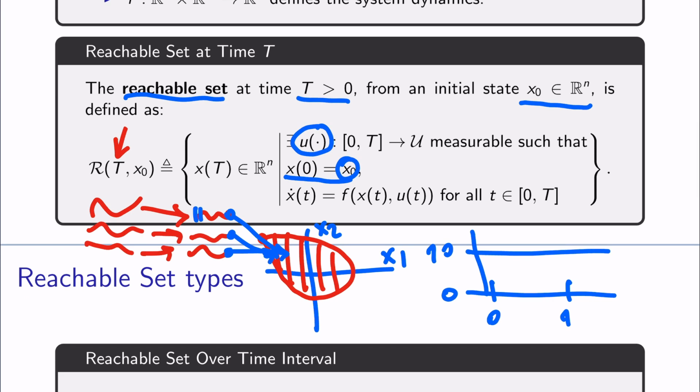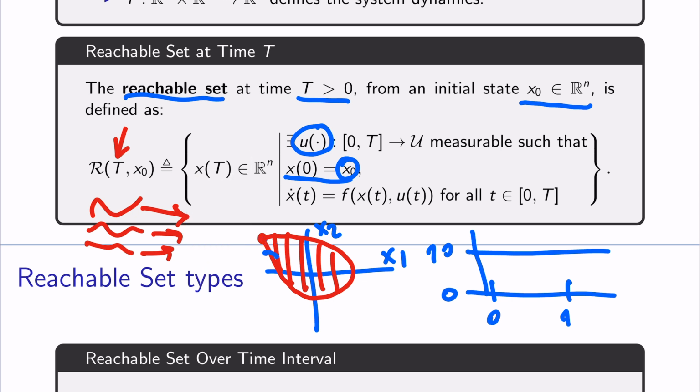Not all the points are mapped and stated as the reachable set, just the final points. I'm basically looking at states.